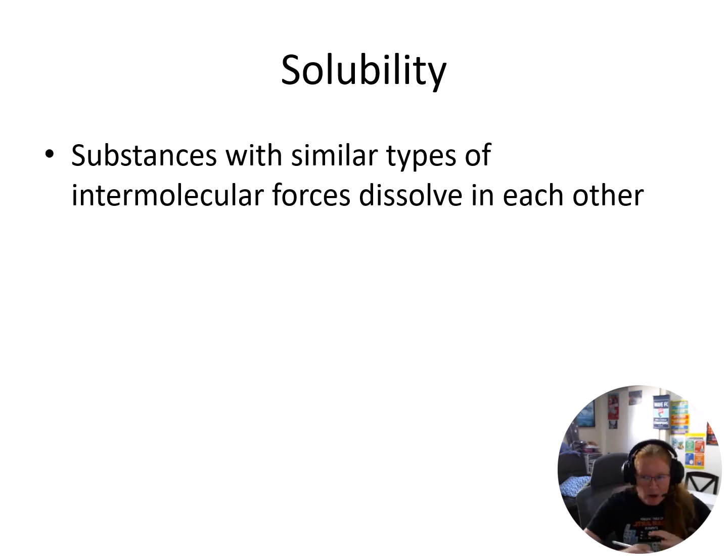If I'm trying to dissolve something into that, I have solute-solute interactions. So when a solute dissolves in a solvent, those solute-solute interactions and solvent-solvent interactions are replaced by solute-solvent interactions. And so we have to have forces that are comparable in strength in order for that to occur.